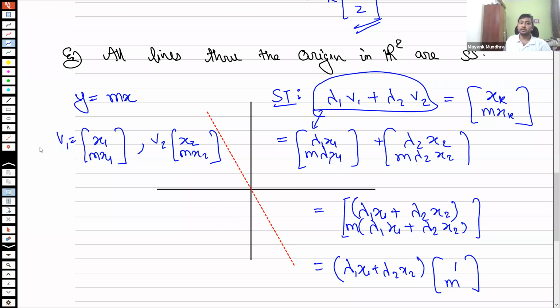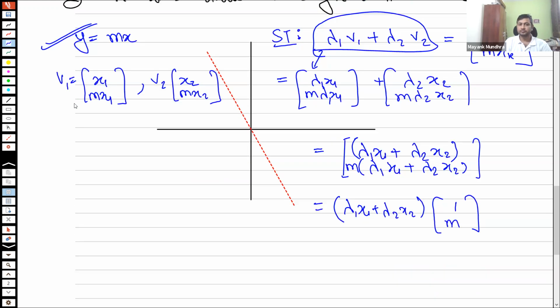So all lines through the origin are vector spaces, sorry, subspaces.